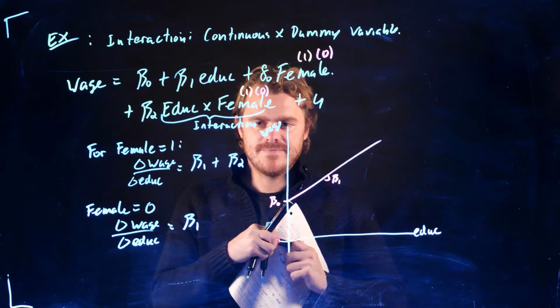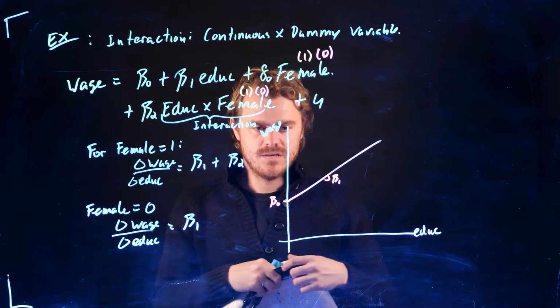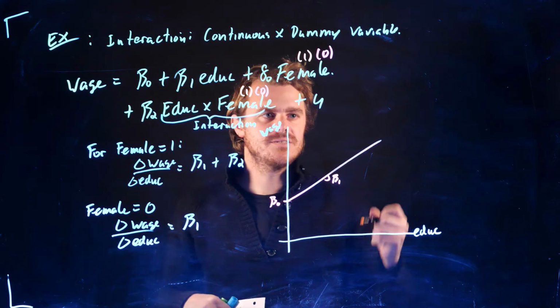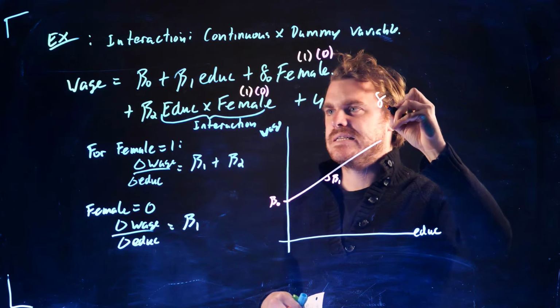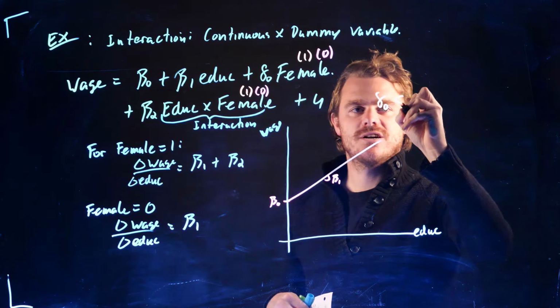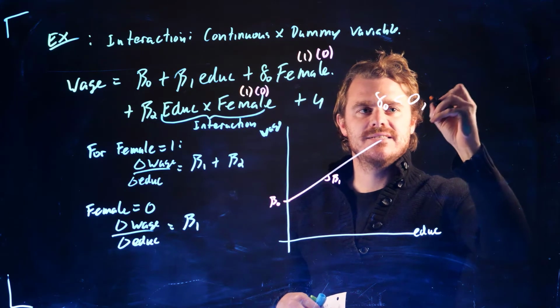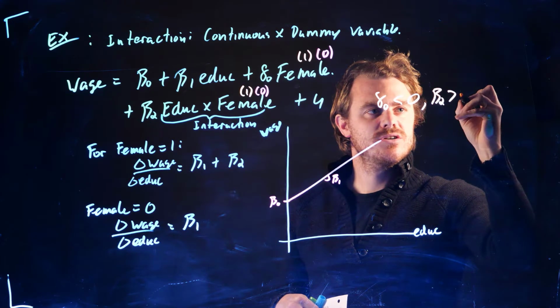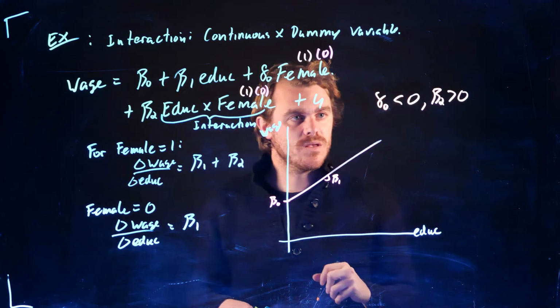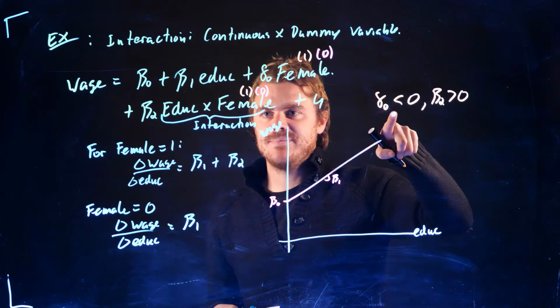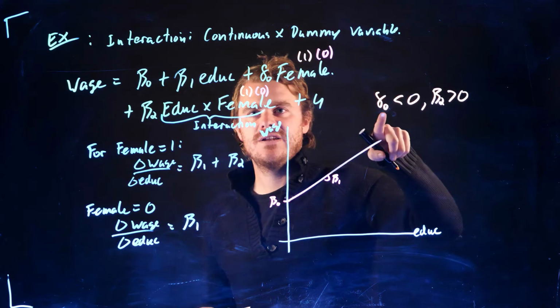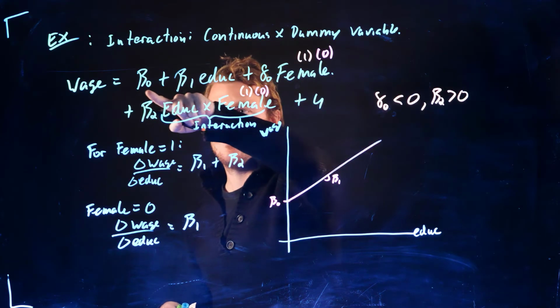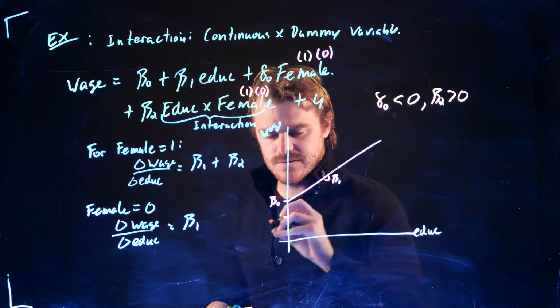Now we're going to have to make assumptions. We're going to say that delta 0 is less than 0, but let's say beta 2 is greater than 0. So if someone identifies as female, the intercept is delta 0 plus beta 0.